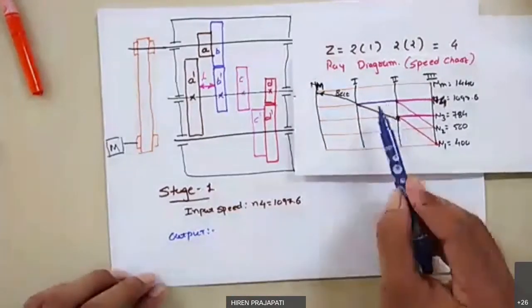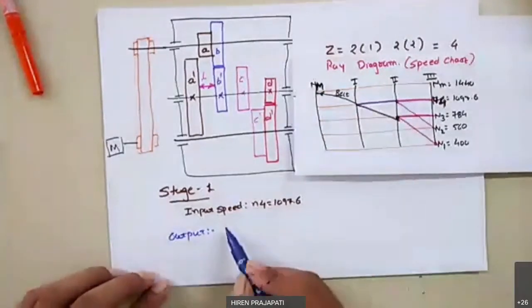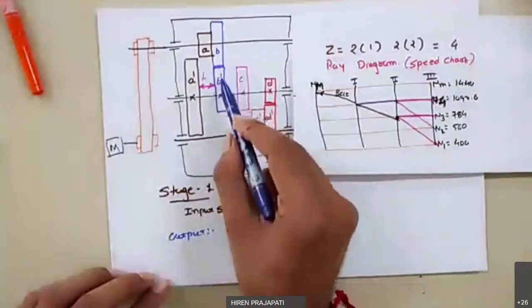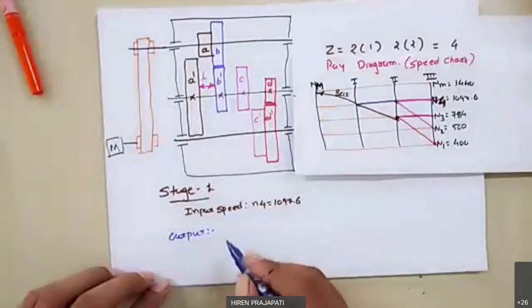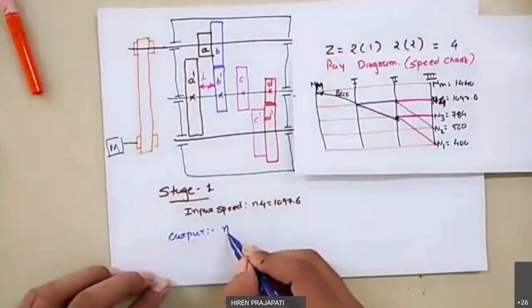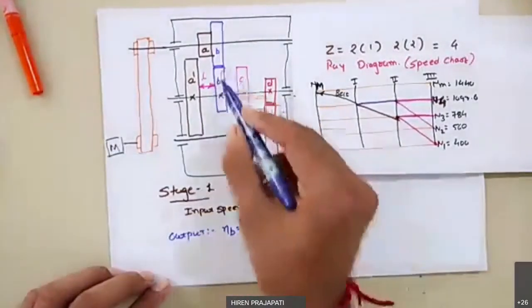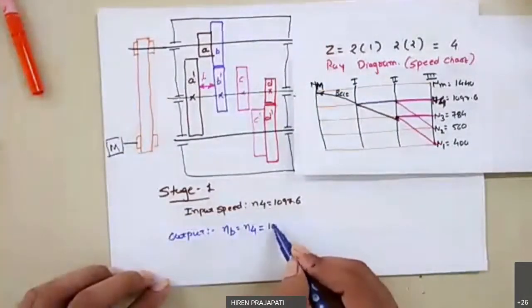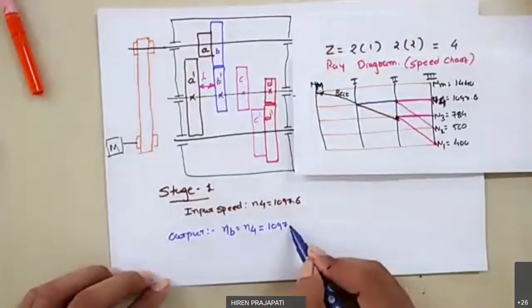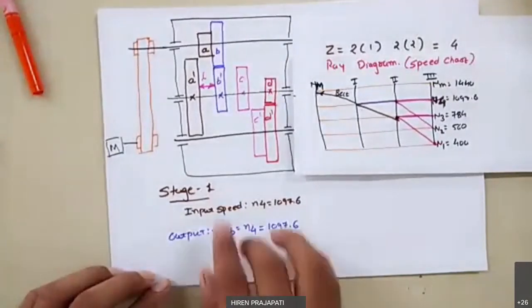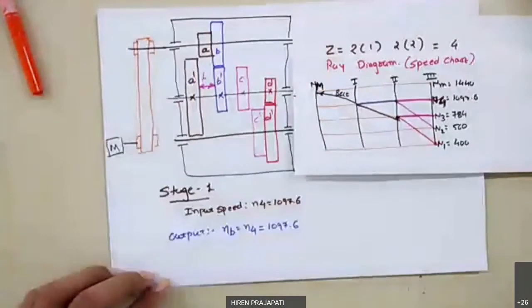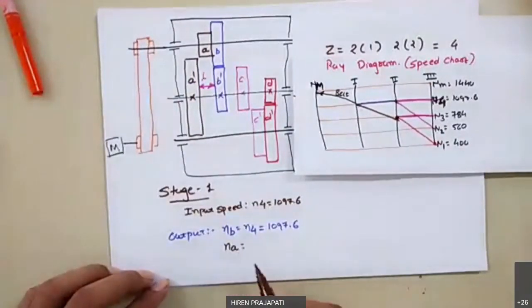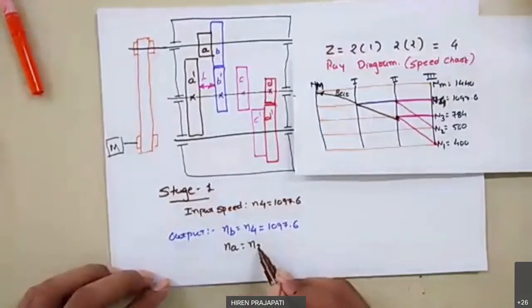As output in stage 1, we are getting first of all the same speed N4 by which gear? By the B B dash pair, which is equal to N4 only, and this is the same as 1097.6. And if we consider A dash, then the output speed we get by the combination A dash is N3.